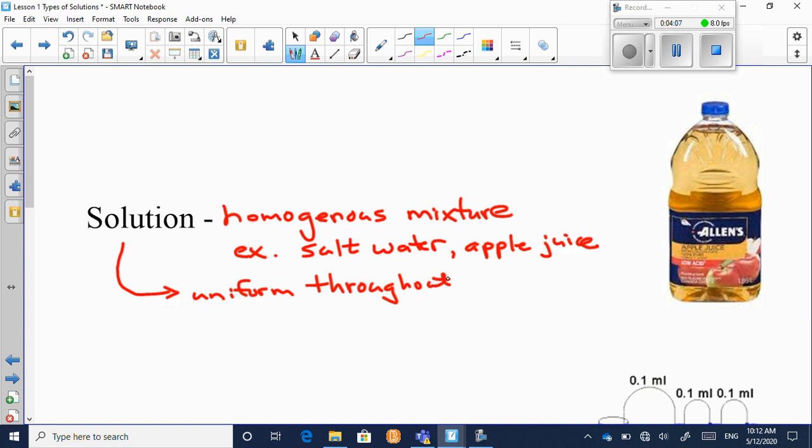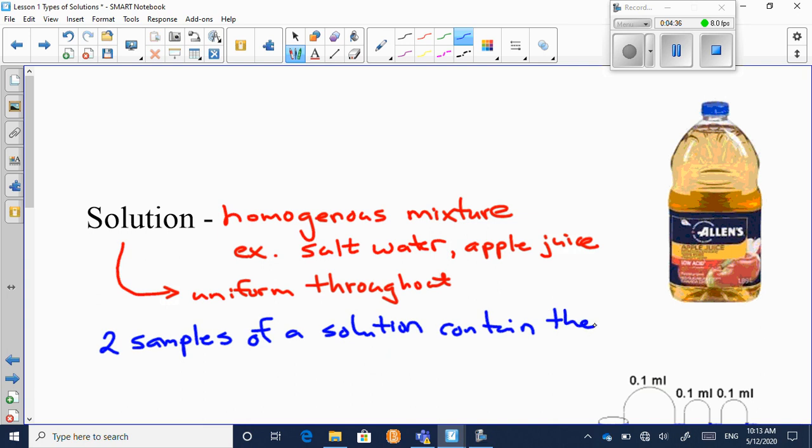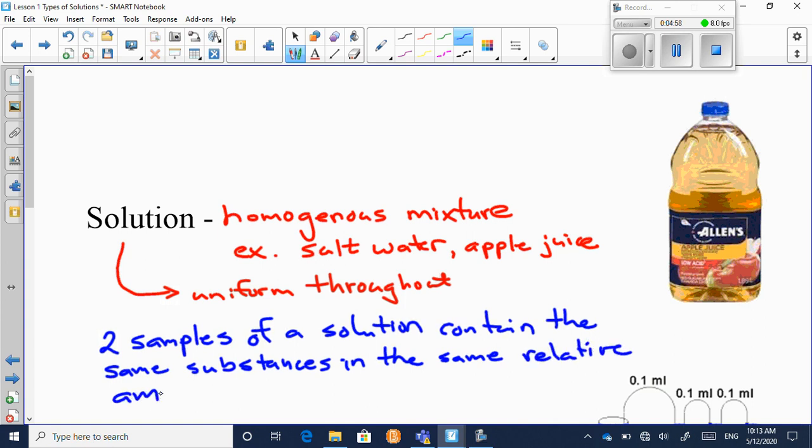And maybe to take that one step further, and this is a neat way of thinking about it, is that two samples of a solution would contain the same substances in the same relative amounts.